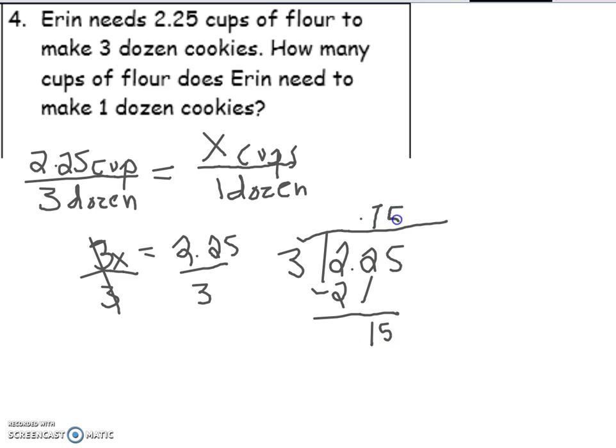Goes in there 5 times. So we have X is 75 hundredths cups. Or another way to write this is 3/4 cups.